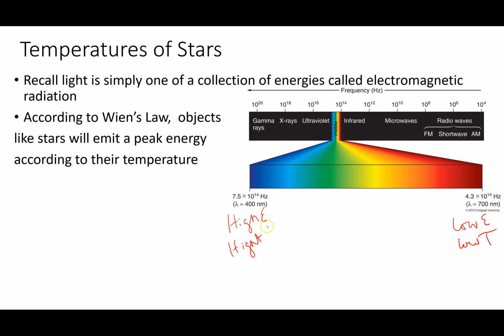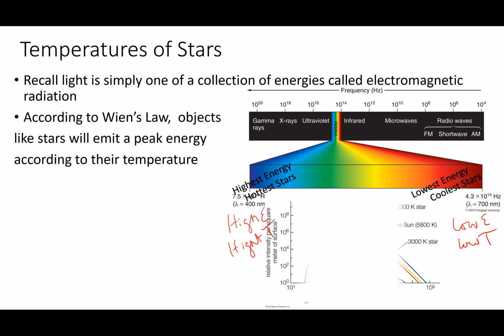That was basically what Wien said. Oh, I actually had it here. So yeah, highest energy, hottest stars for blue, lowest energy, coolest stars for red. So that's one practical thing you can take away.